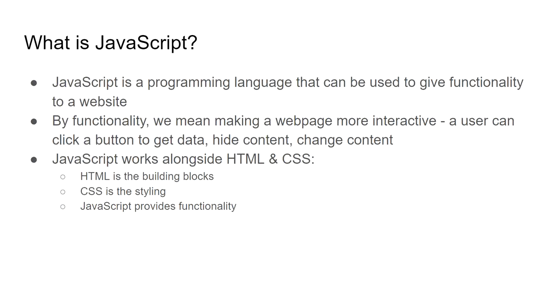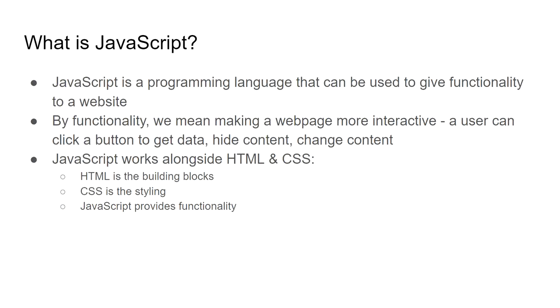So JavaScript works very well alongside HTML and CSS, and sometimes people describe this as almost like building a house. HTML, hypertext markup language, is the building blocks. With HTML, you can put text on a page, images on a page, but that's really all you can do. CSS is the styling. That's where you can change the size, the positioning, etc. And JavaScript is providing functionality. So some people often describe HTML, CSS, and JavaScript working together to build websites as almost like building a house.